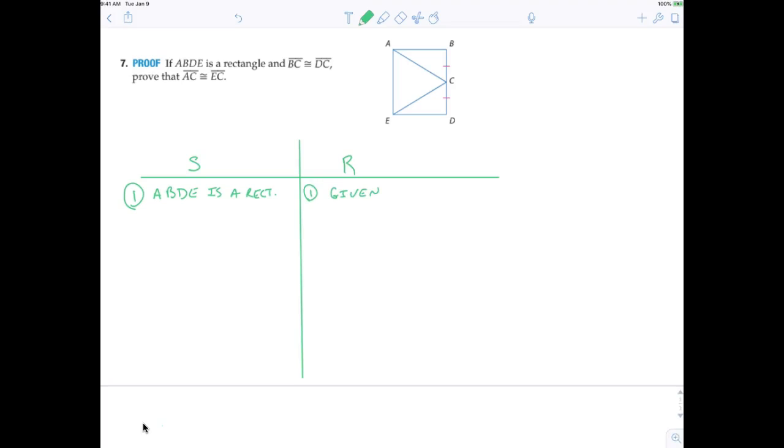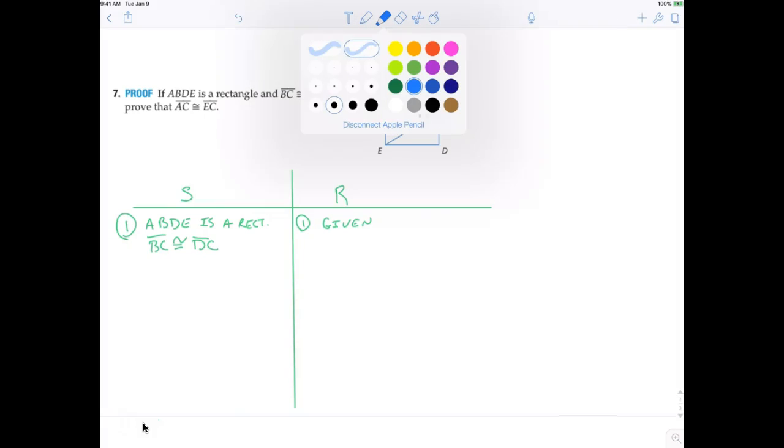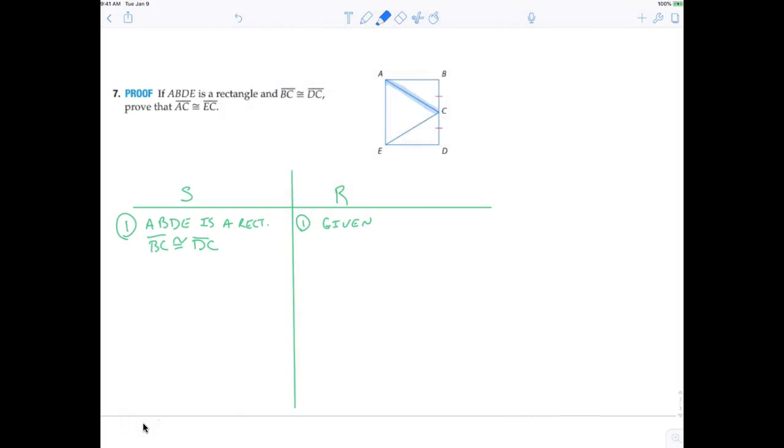And then it also says that BC is congruent to DC. Now I'm trying to prove that AC is congruent to EC. Well, now that's really simple.